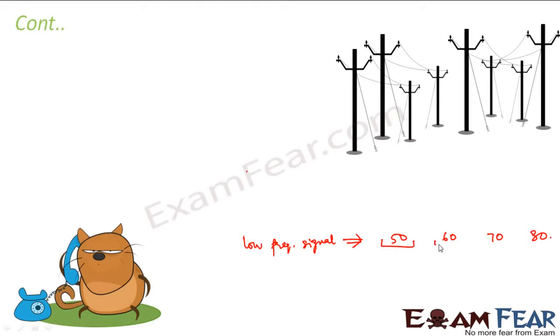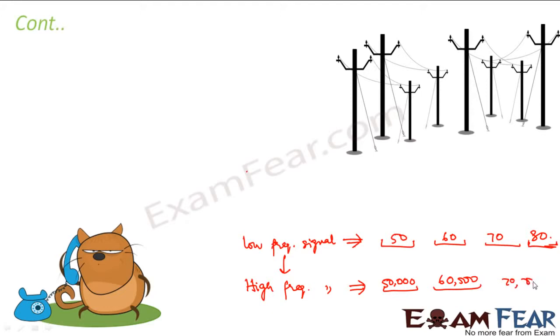So we will be giving small frequency slots as well, right? Because we are right now talking about low frequency signals. Now, if I convert this low frequency signal into a high frequency signal, then what kind of frequency slots will I be talking about? Maybe I will be talking about 50,000 hertz, 60,000 hertz, 70,000 hertz, and so on.